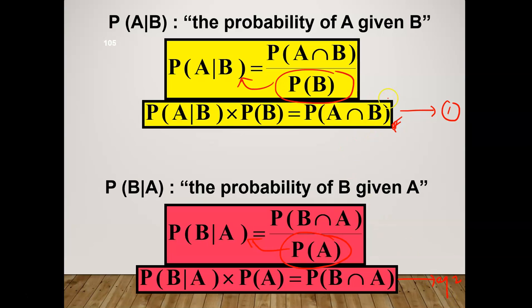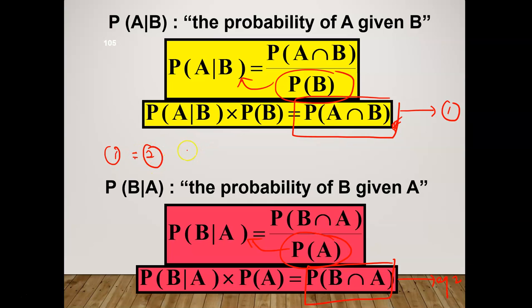If you realize here, P(A intersect B) is equal to P(B intersect A). So we can equate equation 1 and equation 2.